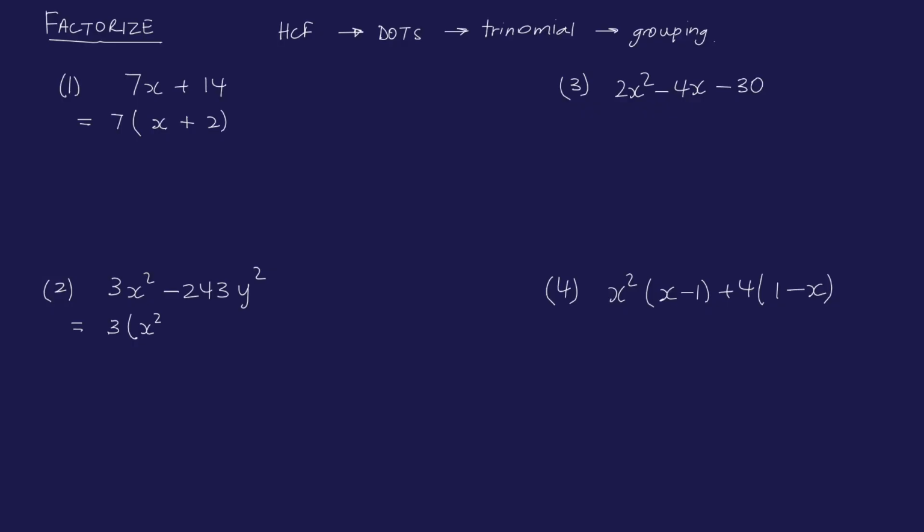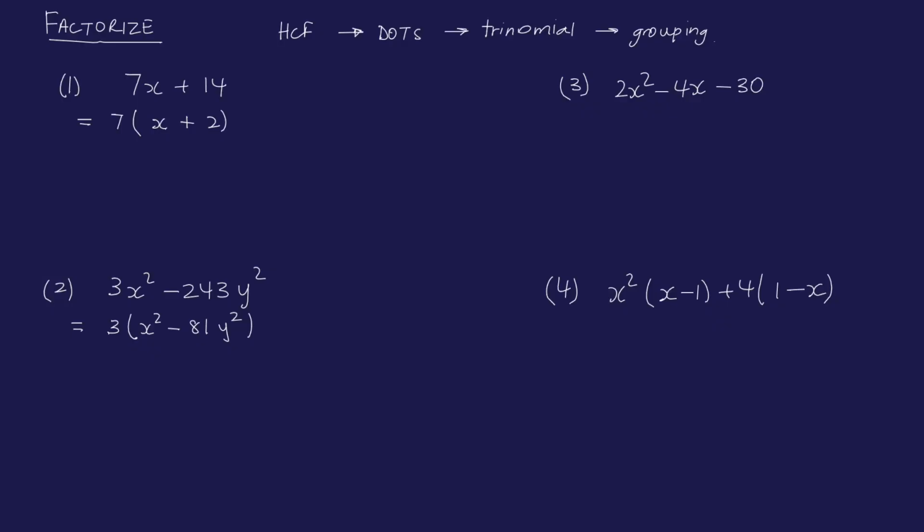Then 3 times what will give me minus 243y squared? So 3 multiplied by negative 81y squared will give me minus 243y squared. Now evaluate.